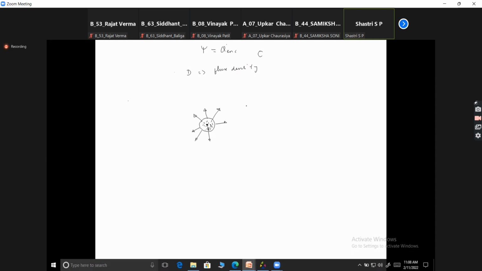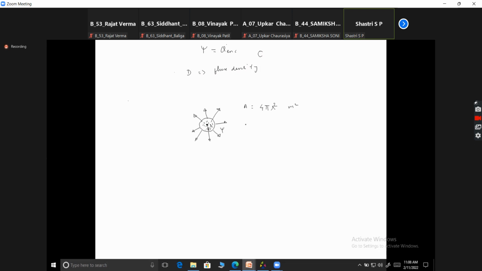So what will the area of the sphere be? 4 pi r square. I have taken the radius of the sphere as R, so it is 4 pi r square, in meter square.